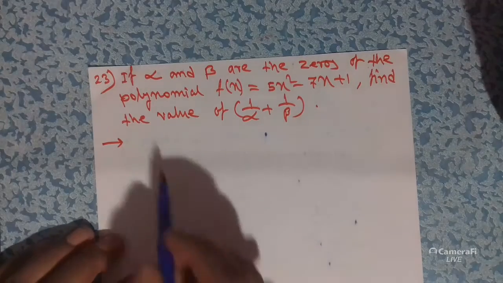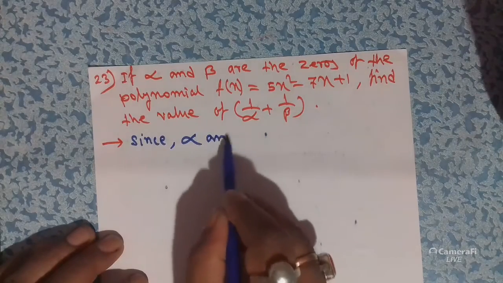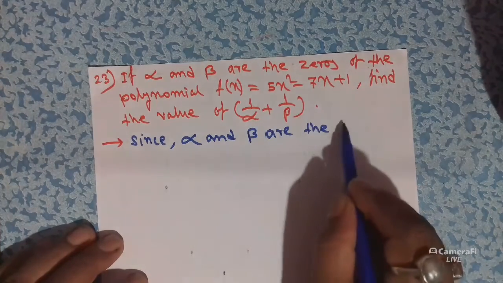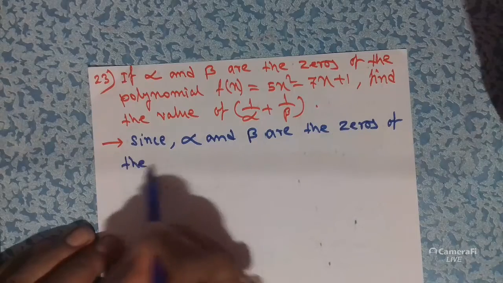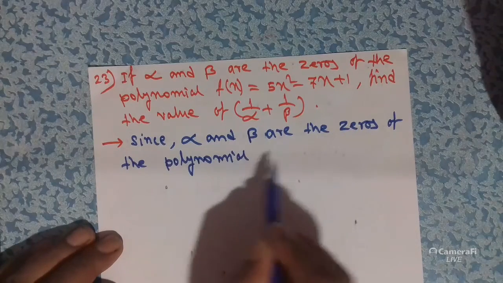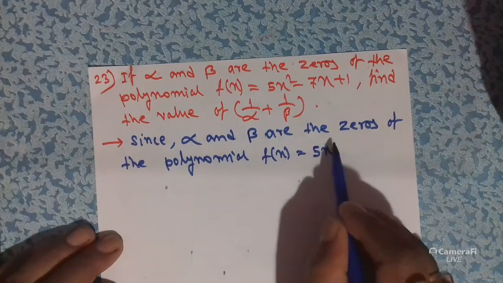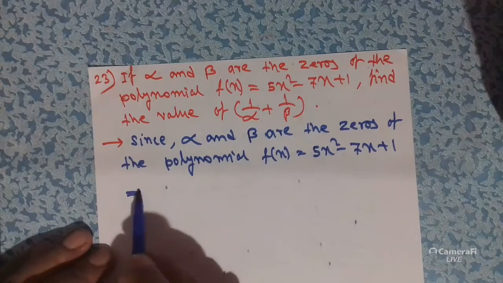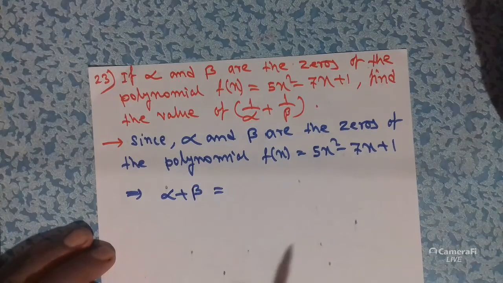So here we have to write, since alpha and beta are the zeros of the polynomial f of x is equal to 5x square minus 7x plus 1, this implies alpha plus beta, that means the sum of the zeros.